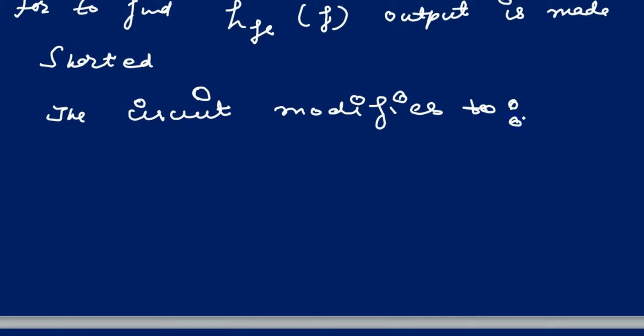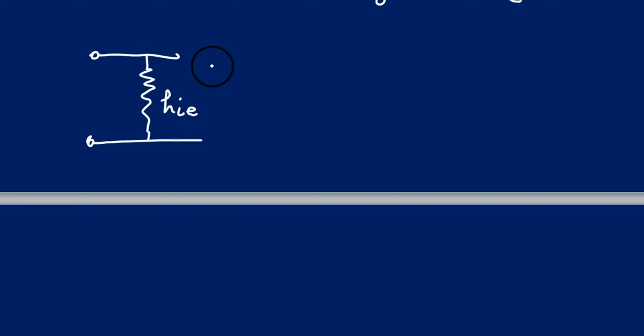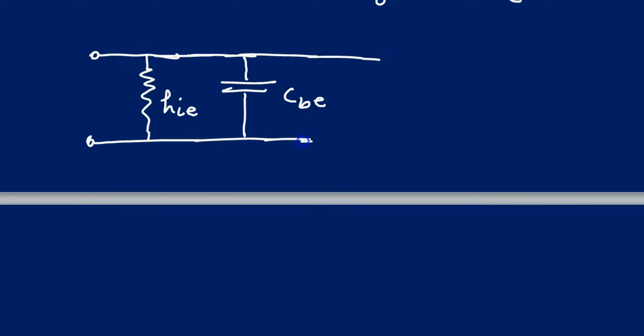Now if RL becomes 0, the circuit modifies to HIE, one capacitor CBE, another capacitor CBC, base collector, IC and IB.